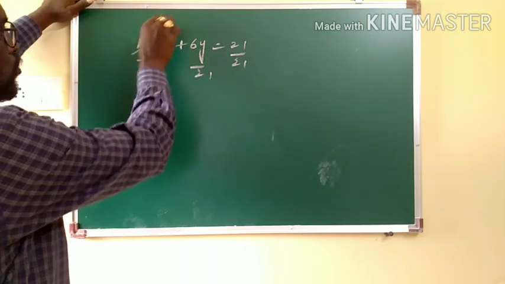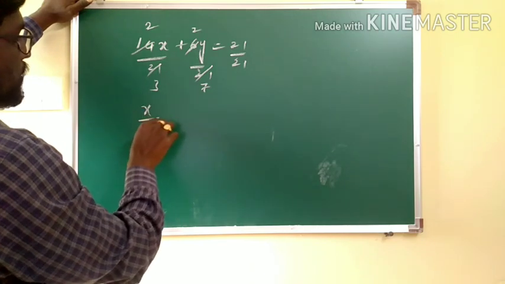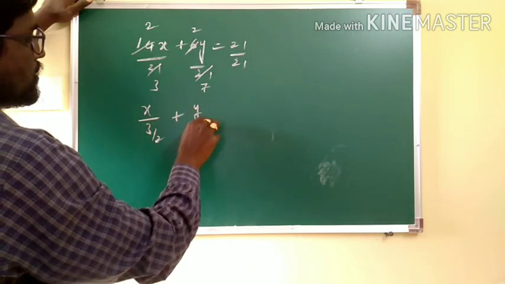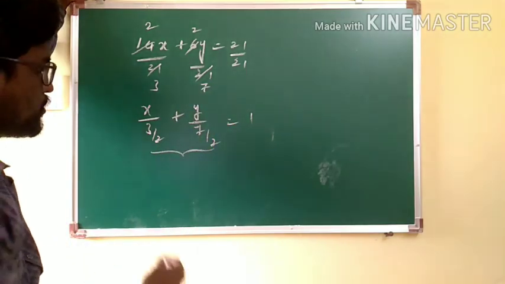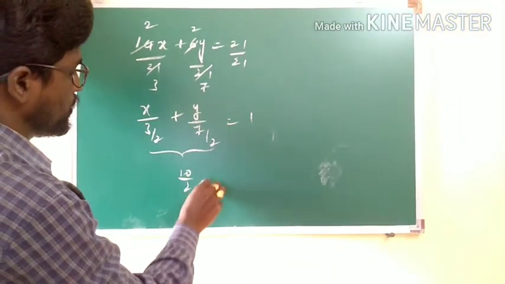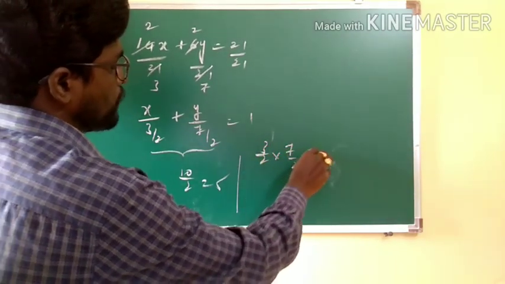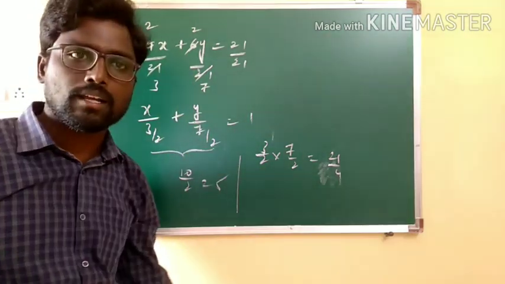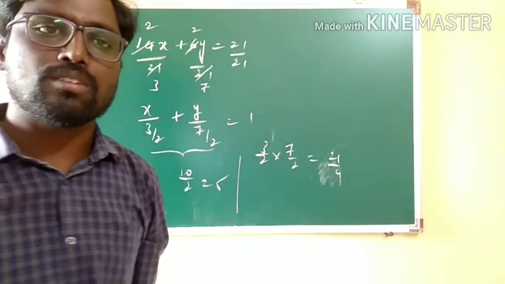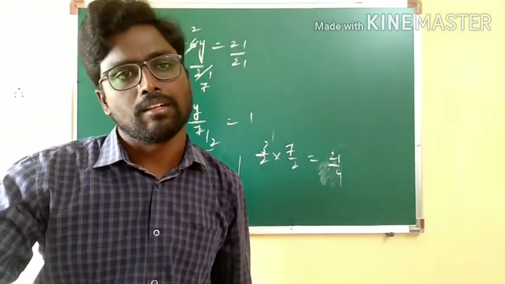So x by 3 by 2 plus y by 7 by 2 is equal to 1. Now sum of the intercepts, 3 by 2 plus 7 by 2, 10 by 2, which is equal to 5. And product of them, 3 by 2 into 7 by 2, which is equal to 21 by 4. Means a plus b is 5 and ab is 21 by 4. So both the conditions are satisfied, and hence we will conclude that the third option is the requirement here.